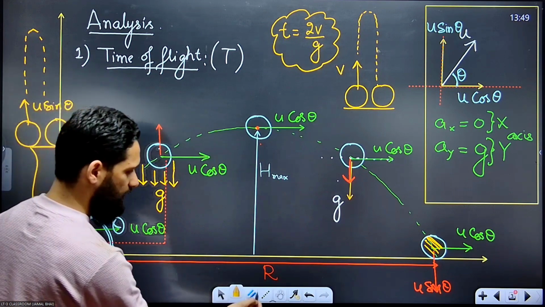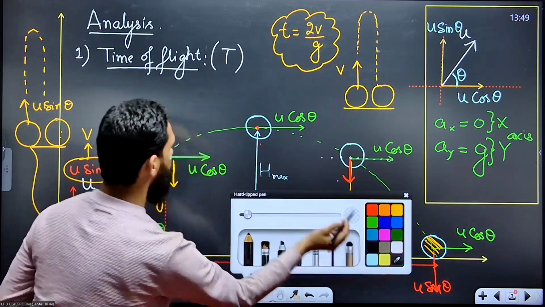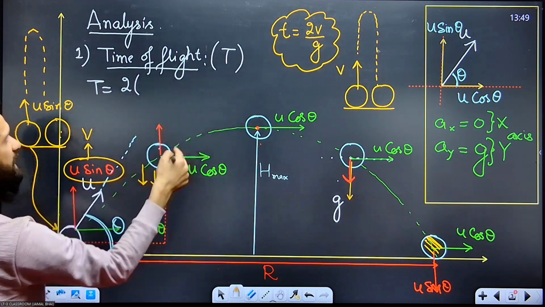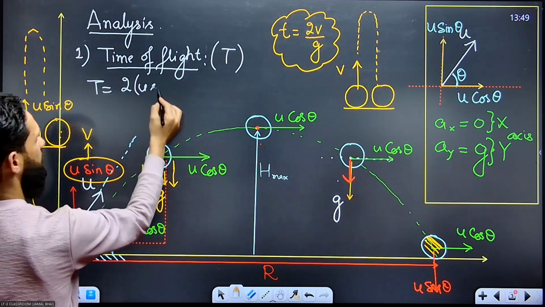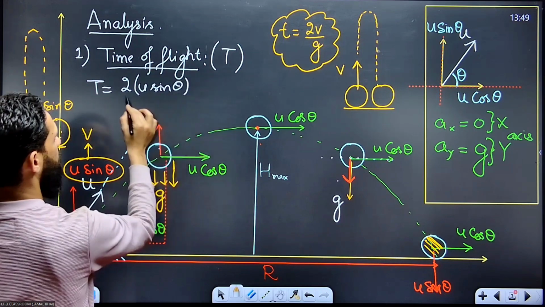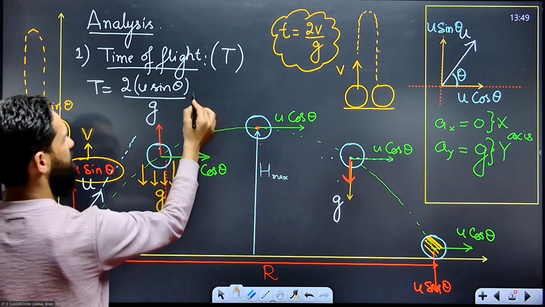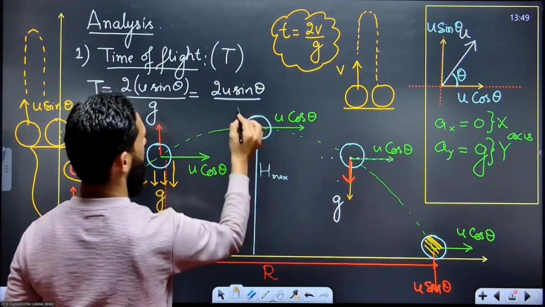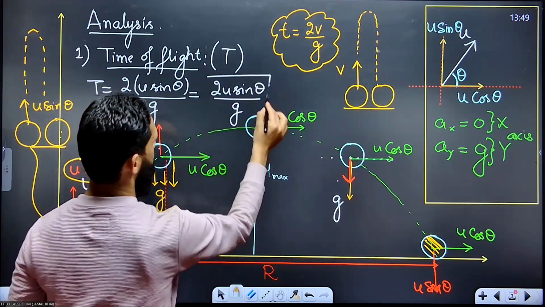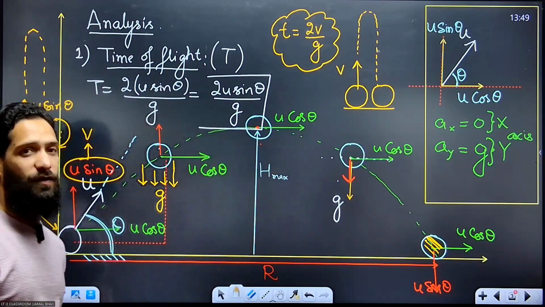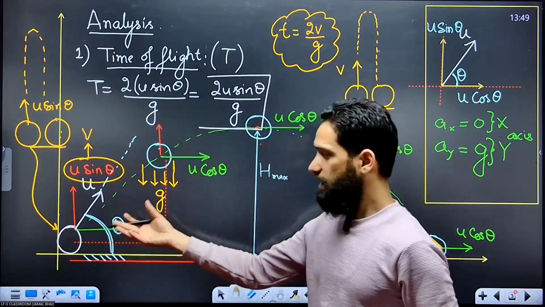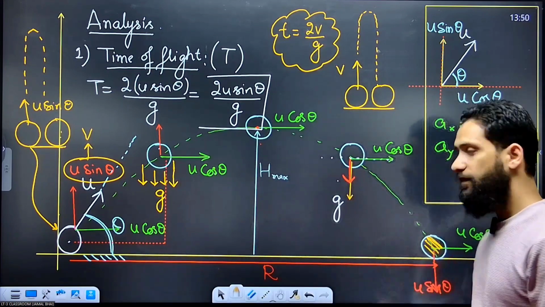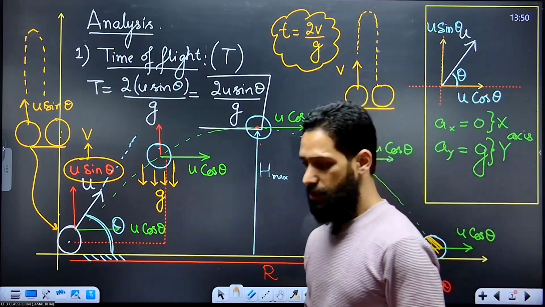So when we ask what is the total time of flight, we say it is twice v divided by g, but the v should be u sine theta, so our value is 2u sine theta divided by g. This is the value of the time of flight of this projectile throughout the motion from the point of projection to the point of landing. This is all for today.